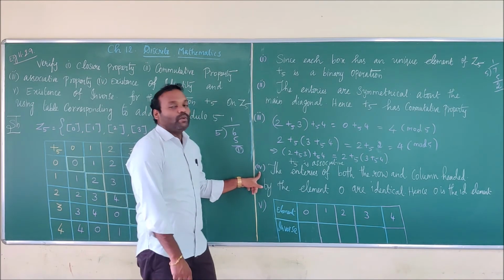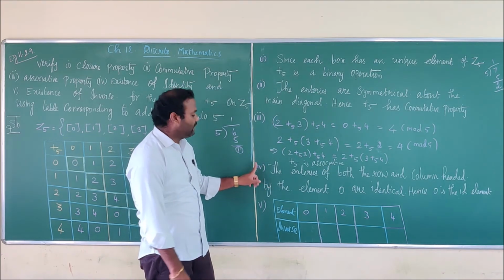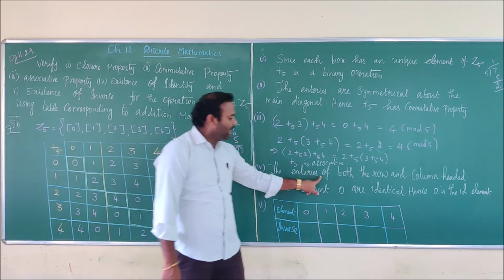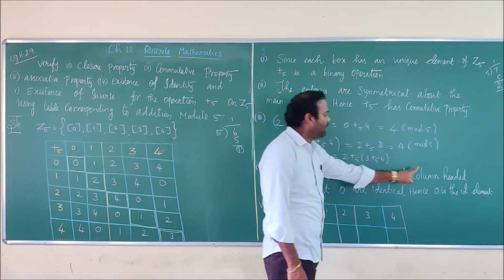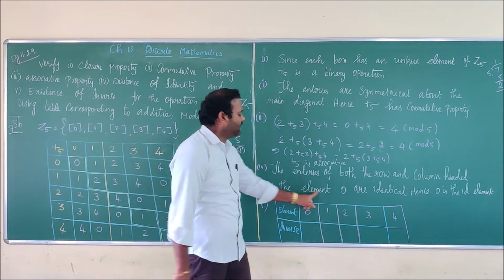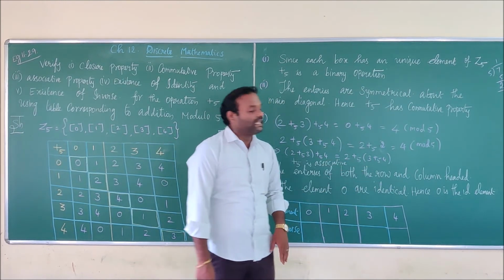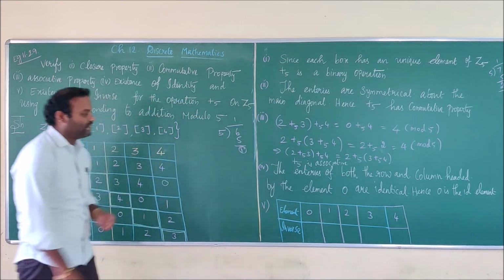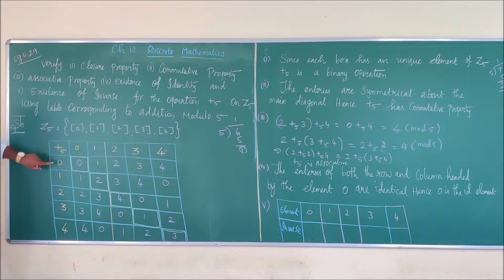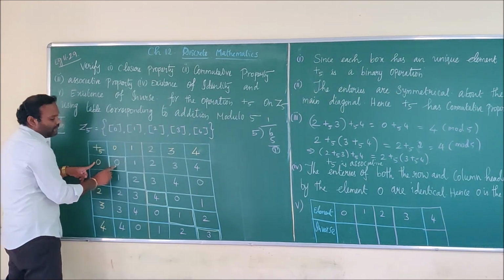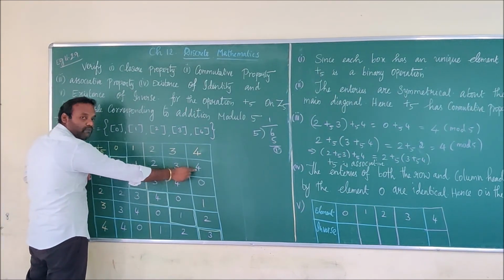Next one, identity property. In order to ensure the identity, you just observe the statement: the entries of both the row and the column headed by the element 0 are identical. Hence the identity element is 0. You just observe the row headed by 0: it is 0, 1, 2, 3, 4.